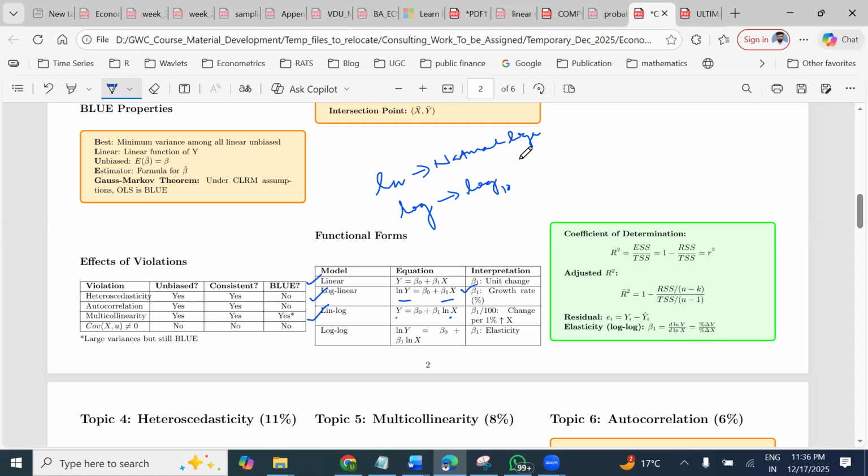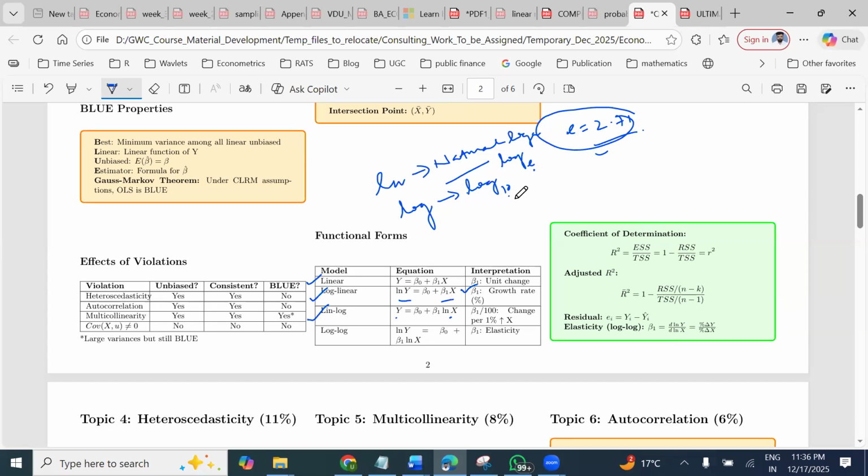This is base 10 and this is base E. E is 2.71, whatever the value is, right? So the base is different: here the base is 10 and here the base is E. Clear? Okay, the natural log base is E.